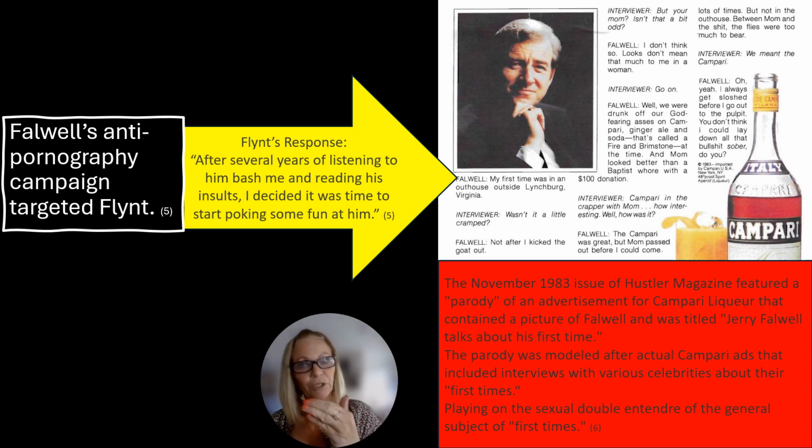So then I put the article, or the ad that he put in Hustler magazine, and below it I described it. The November 1983 issue of Hustler magazine featured a parody of an advertisement for Campari liquor that contained a picture of Falwell and was titled Jerry Falwell Talks About His First Time.